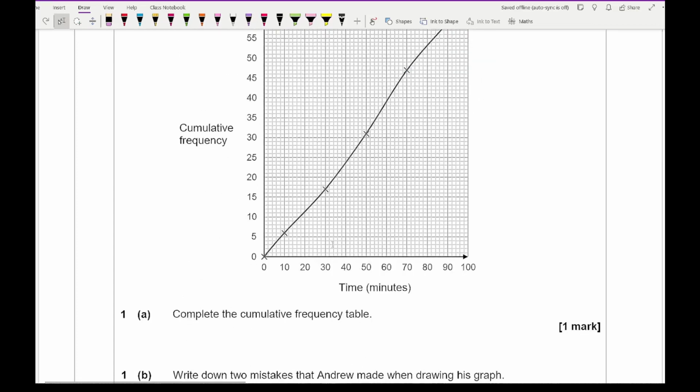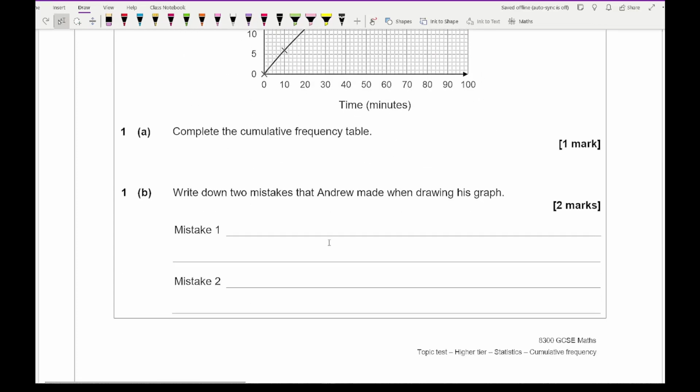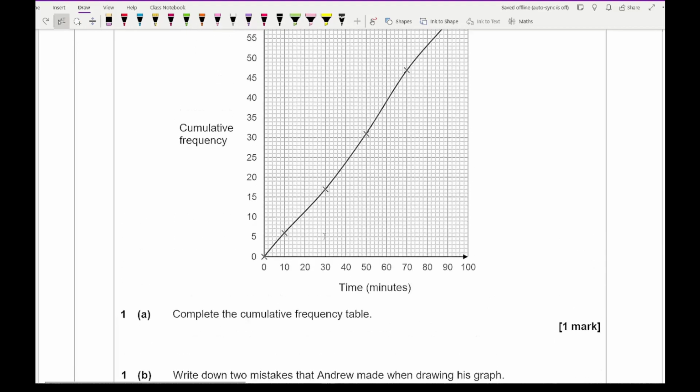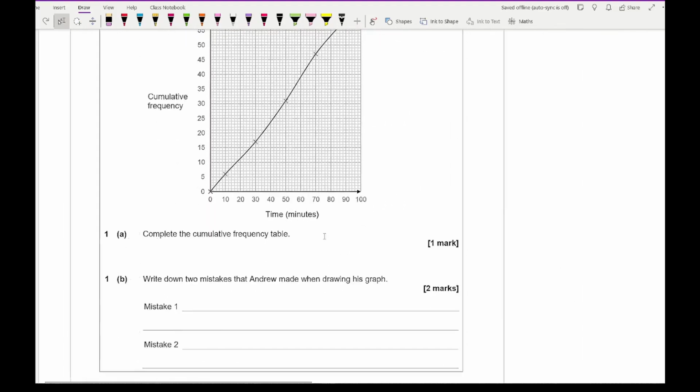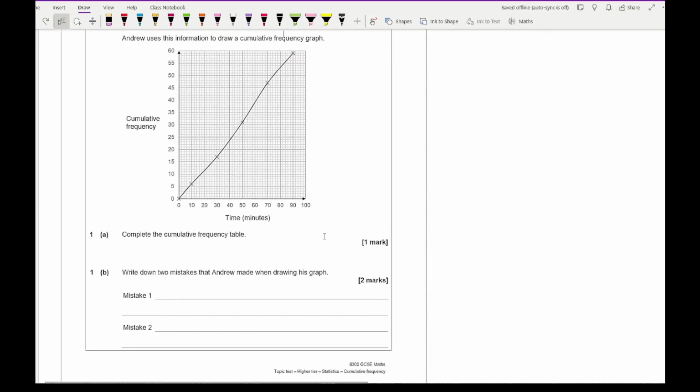It then says for 1b for us to write down 2 mistakes that Andrew made when drawing his graph. So if I just zoom out and look at the graph and where I've got to write. The first thing that he has done incorrectly is that he's plotted at the midpoints instead of the upper bounds.